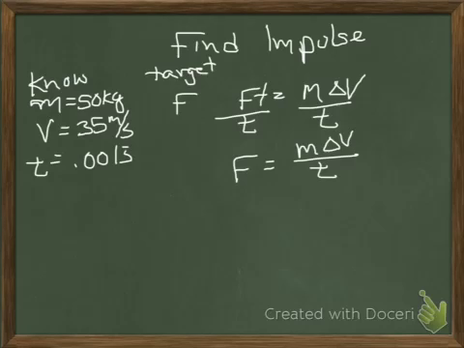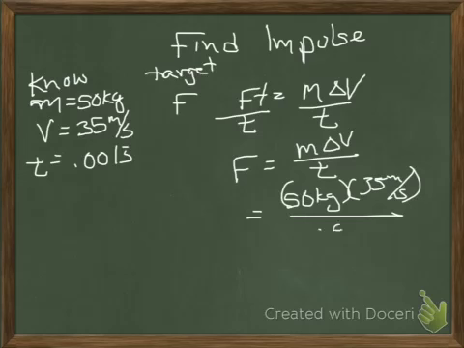Do we have enough information to solve this problem? 50 kilograms times 35 meters per second divided by 0.001 seconds. So what is this going to do to the average force? The force is going to increase to being 875,000 newtons.